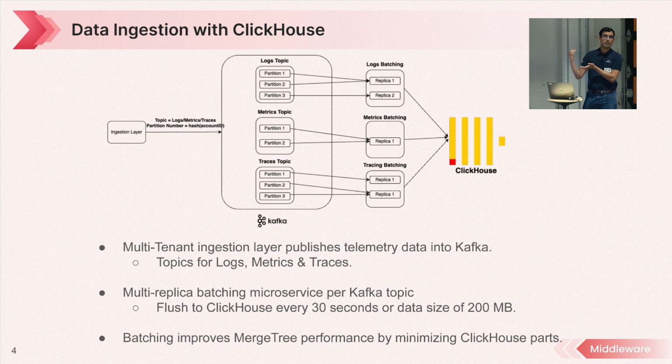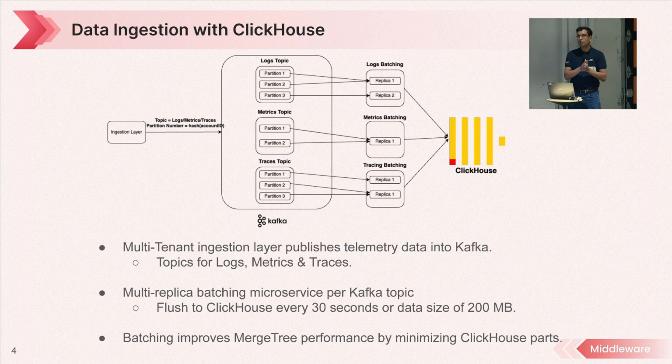Each customer gets an account ID. So each telemetry data belongs to a customer, and we hash it and pick a Kafka partition to send the message into. As you can see in Kafka, we have separate logs, metrics, and traces topics, and each of them has its own partitions.